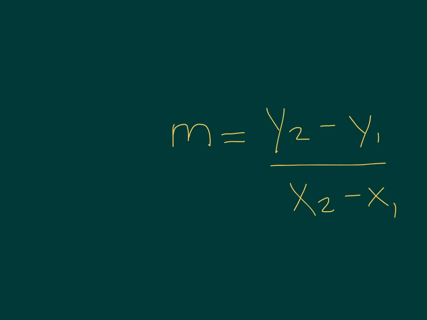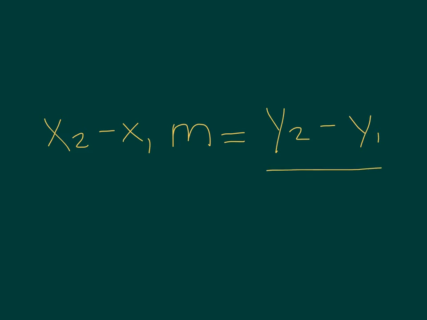What that essentially does is move the denominator up here, and this goes away. I'm going to have this in parentheses here.